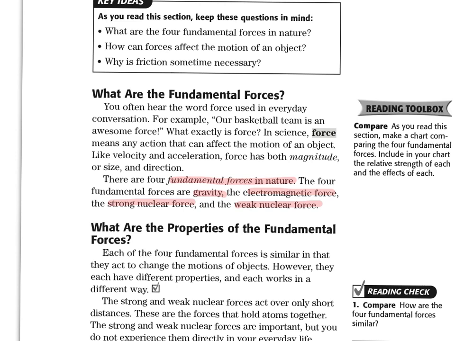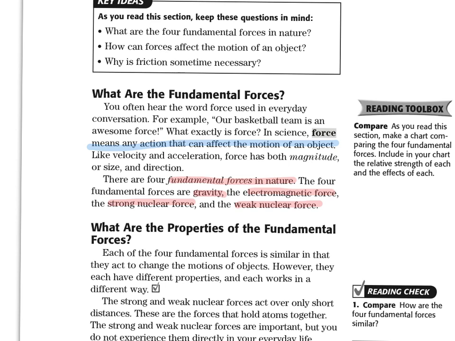So if these are fundamental forces, then what are we saying a force is? Well, in any of these four fundamental types of forces, every one of these describes how an object can actually be affected by a force in order for it to move.